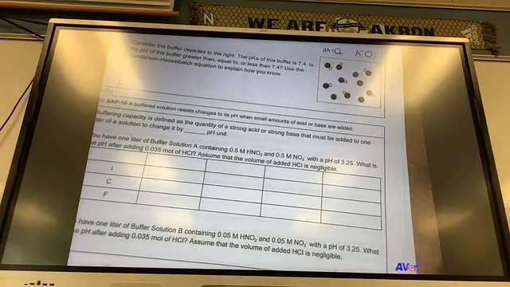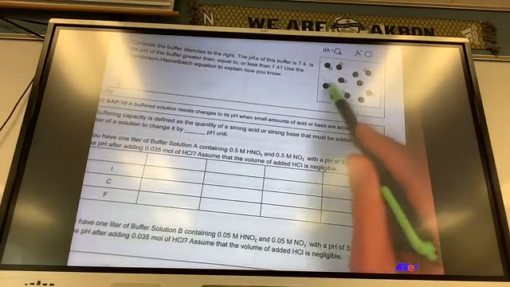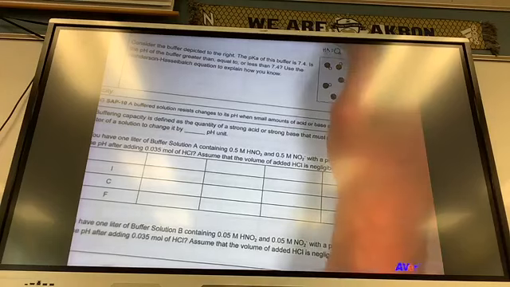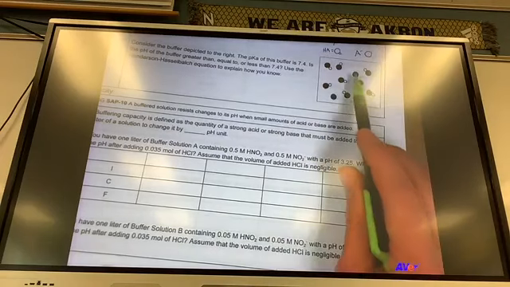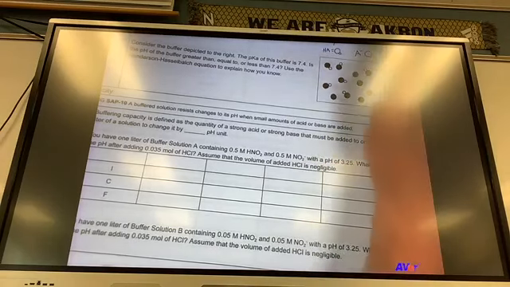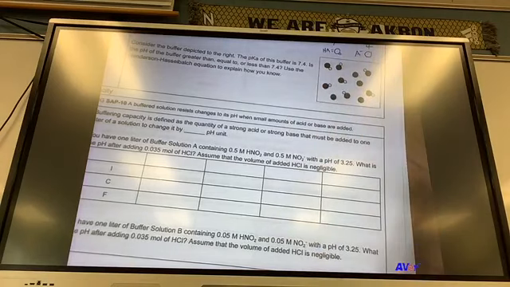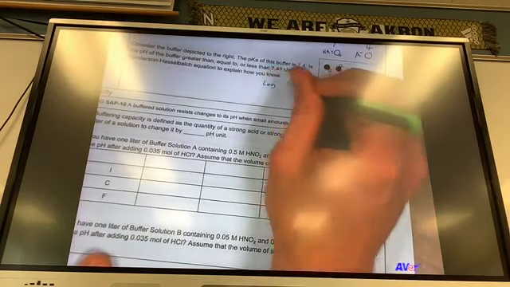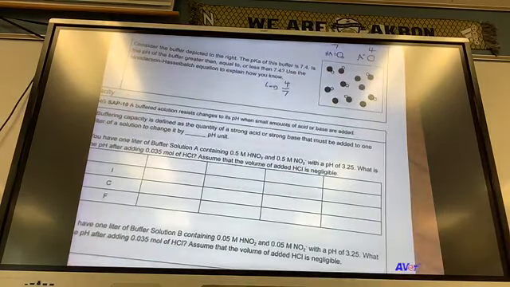Yes? So count. 1, 2, 3, 4, 5, 6, 7. I have 7 of those. And I have 1, 2, 3, 4. I have 4 of those. So this means that my log term is going to be 4 over 7. Right? My log term is going to be 4 over 7.